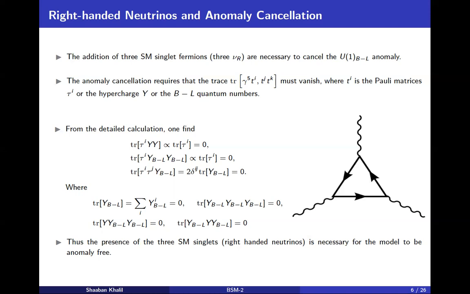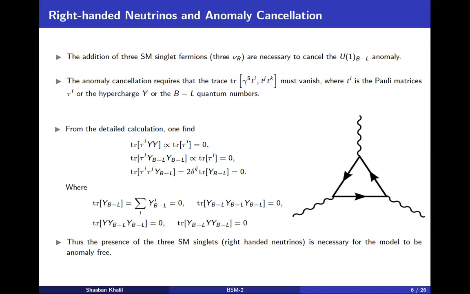So you run it for SU2, and you check, you run it for U1, and you check. Now you run it for U1 B minus L, and you check. In the loop, you run over all allowed particles to be in the loop, because the loop has a sum over all particles. But external, it is fixed, and you check it one by one.